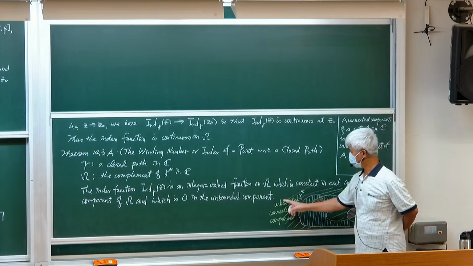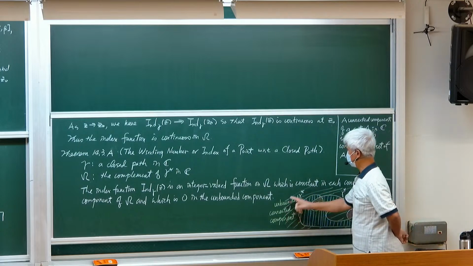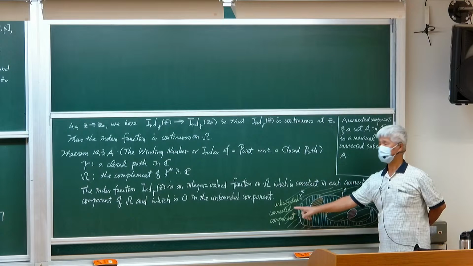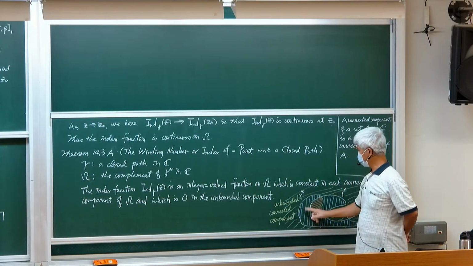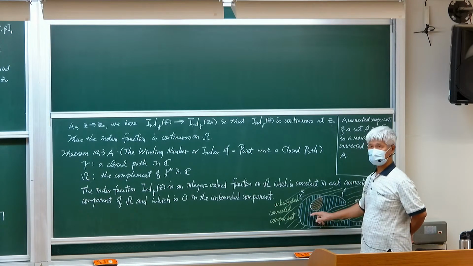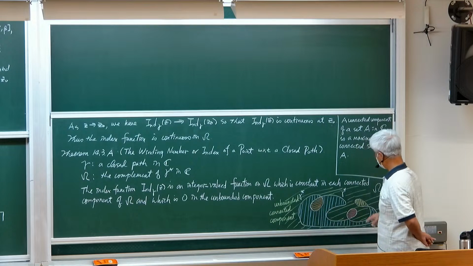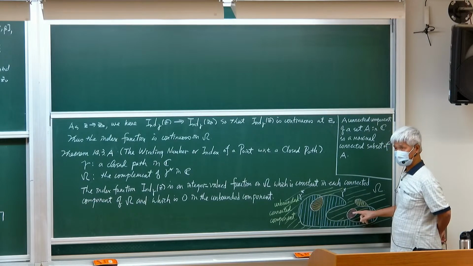So every point in the green connected component has the same integer value. All the points in the blue connected component have the same index value. Similarly, all the points in the red connected component have the same index value.